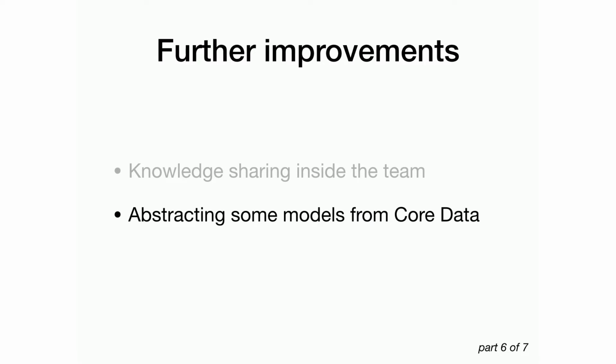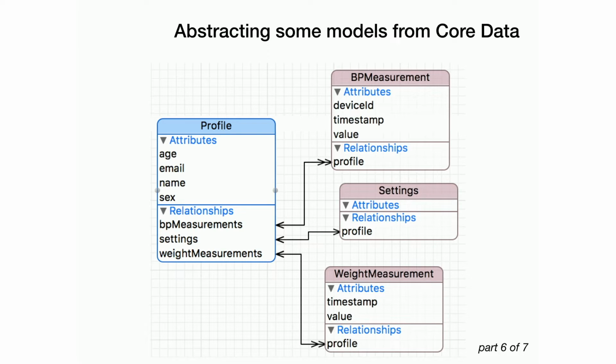Also, we decided to abstract some models from Core Data. For instance, we have user profile, which is widely used inside the app. Everywhere you need user profile, not only to access its properties, but also to do some Core Data storing and retrieving, because the other entities are tightly connected to the profile.